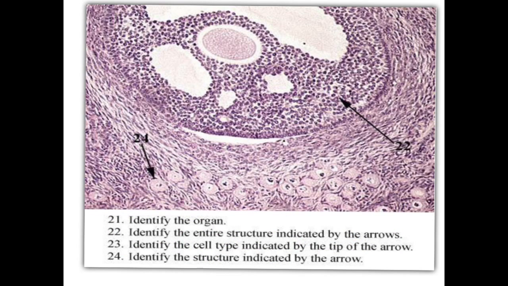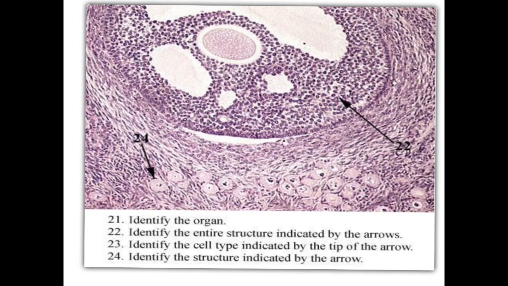This is the first slide in the trial exam. Number 1, identify the organ: ovary. 2, identify the entire structure indicated by the arrow. This whole structure is the secondary follicle, because we don't have a single huge cavity, we still have multiple ones.